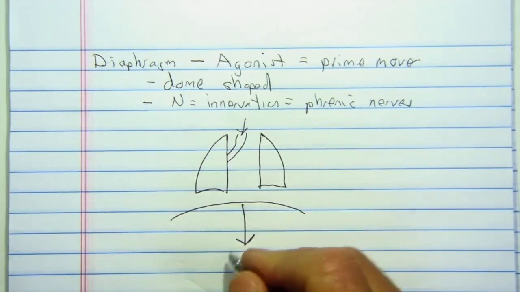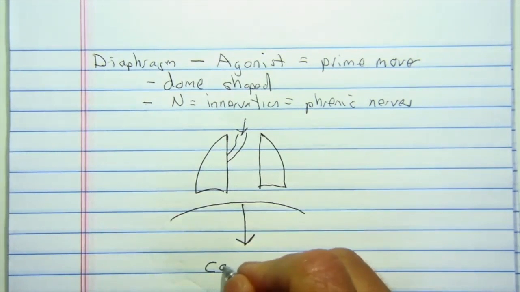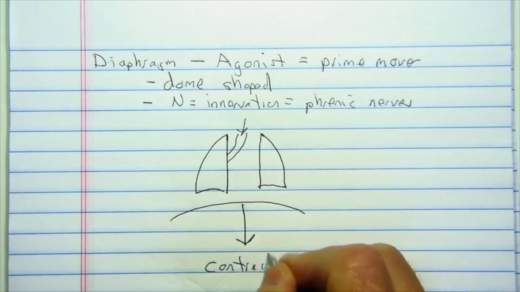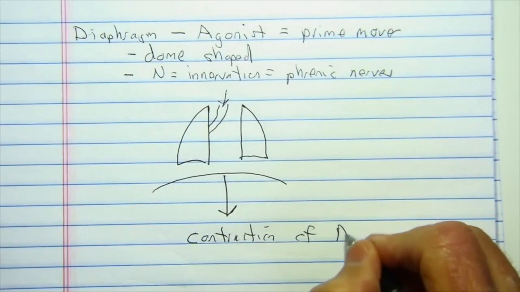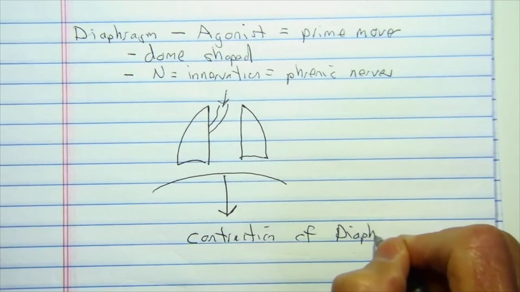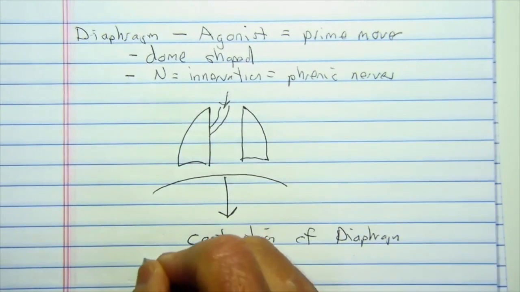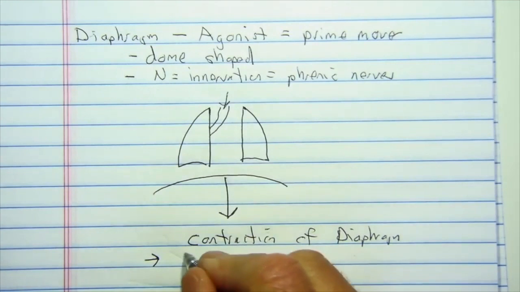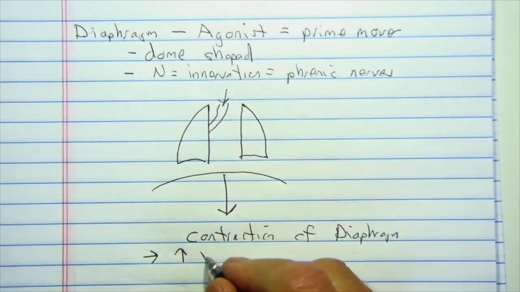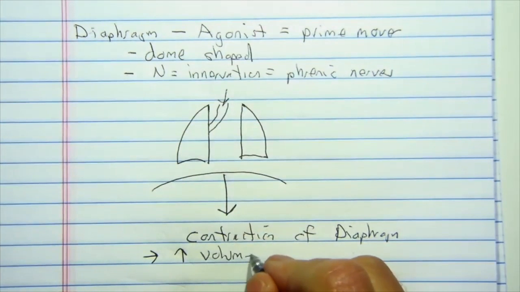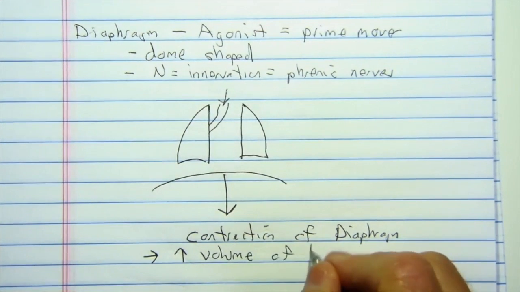So when I contract my diaphragm, contraction of the diaphragm is going to lead to increased volume of the lungs.